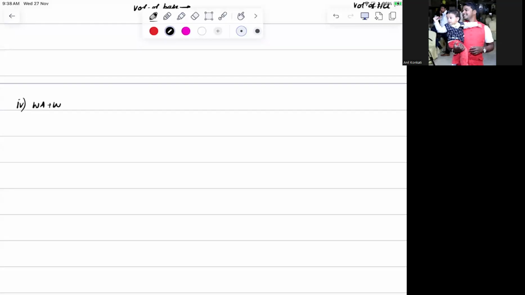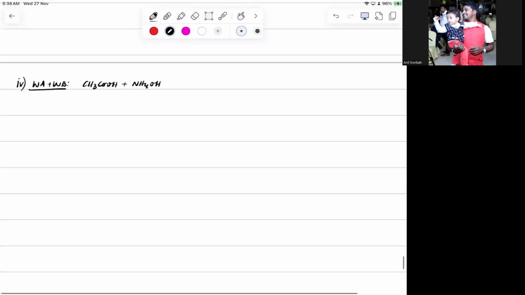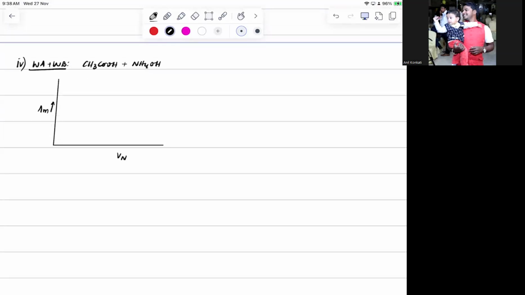The fourth one is weak acid and weak base, like CH3COOH plus NH4OH. If this is the case, you will see lambda m versus volume of NH4OH being added.